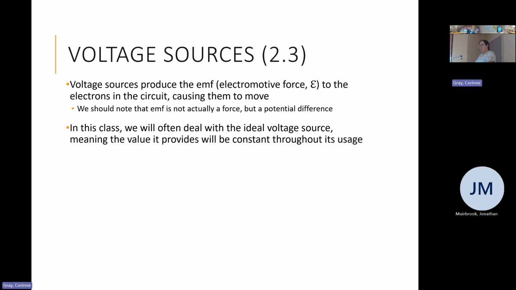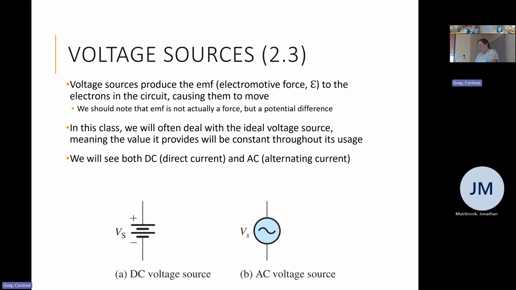We're not going to get into other non-battery sources for a while. When we get to those other ones, we'll talk about how those are ideal as well. We're going to see both DC and AC voltage sources.